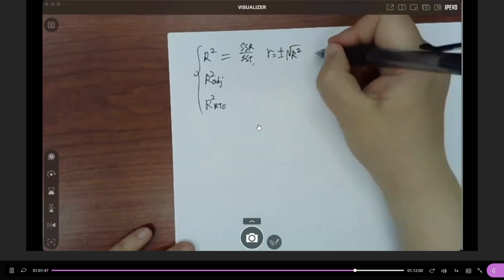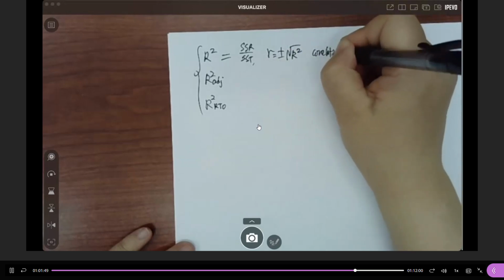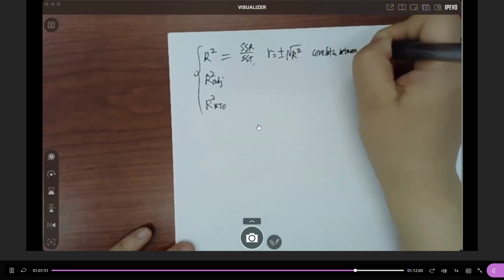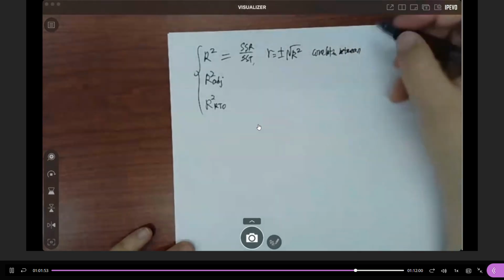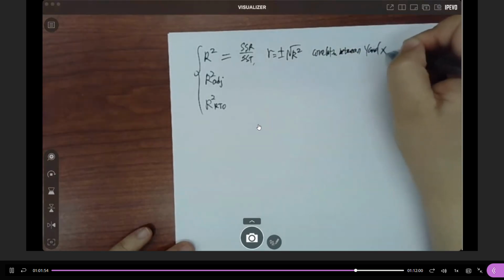We also define R as the linear correlation between Y and X, so it is plus or minus the square root of R squared.